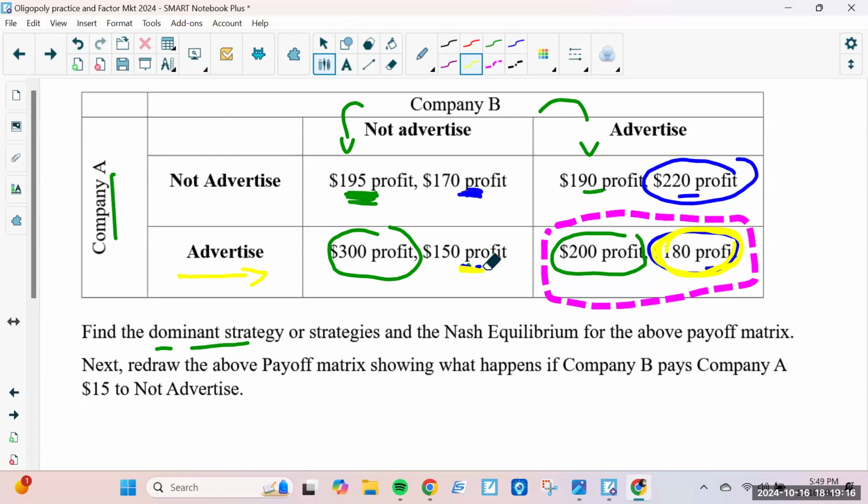That's how we know you're reading it. You have to use the numbers in the graph. Why does B advertise? Because if A does not advertise, they will advertise because 220 is bigger than 170. And if A advertises, then B will advertise because 180 is bigger than 150. So you're explaining it that way.